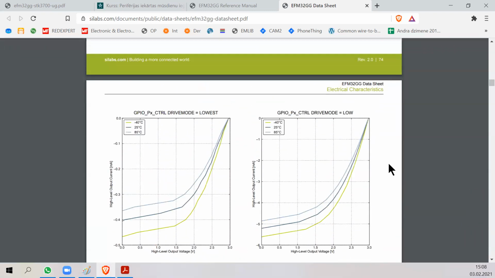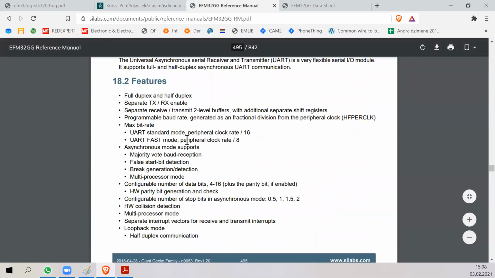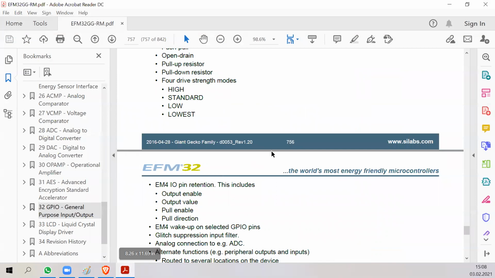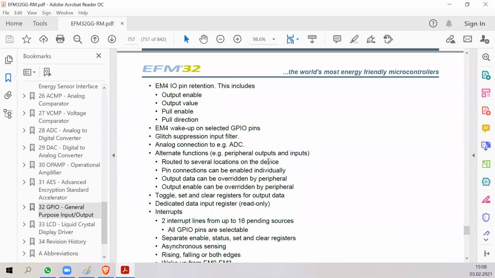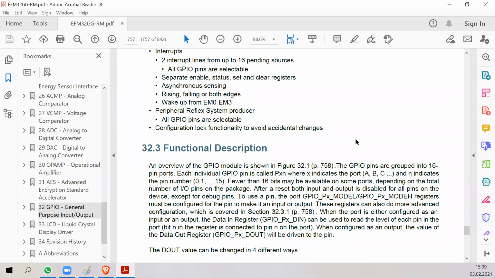And it's a good, cool feature, and you will try to use it in the labs and you will see its benefit. So that's about current limiting. You also have special functions for the pins. For example, they can be inputs to analog to digital converters and so on.